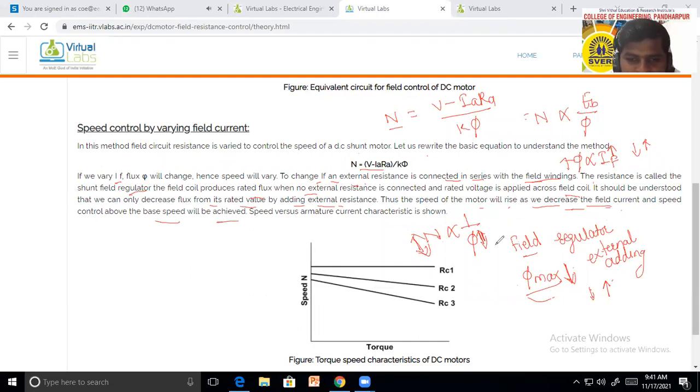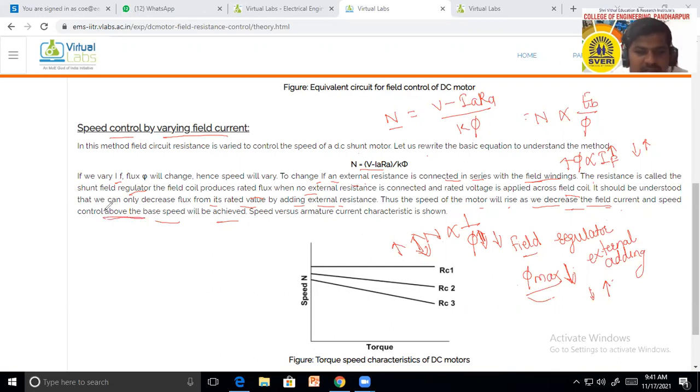Okay, see, if we are decreasing the flux, the speed increases. So that means the speed control technique by varying the field current is useful to control the speed above the rated speed.